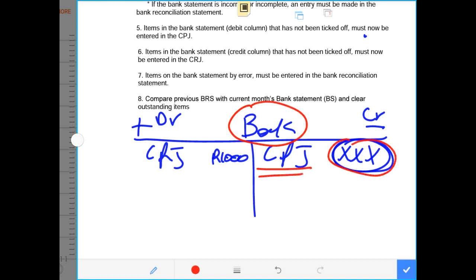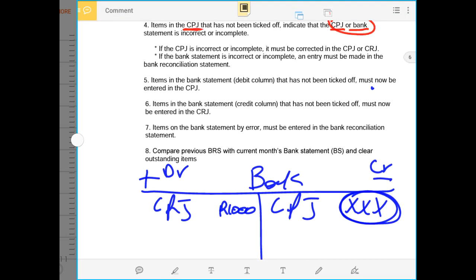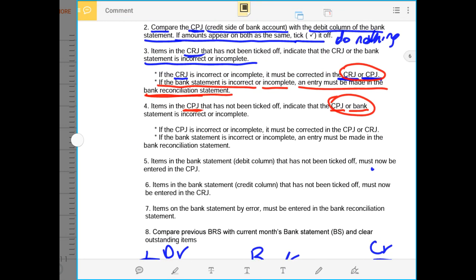So when they say CPJ, they are referring to the credit side of the bank account. And when they say CRJ, they are referring to the debit side of the bank account.